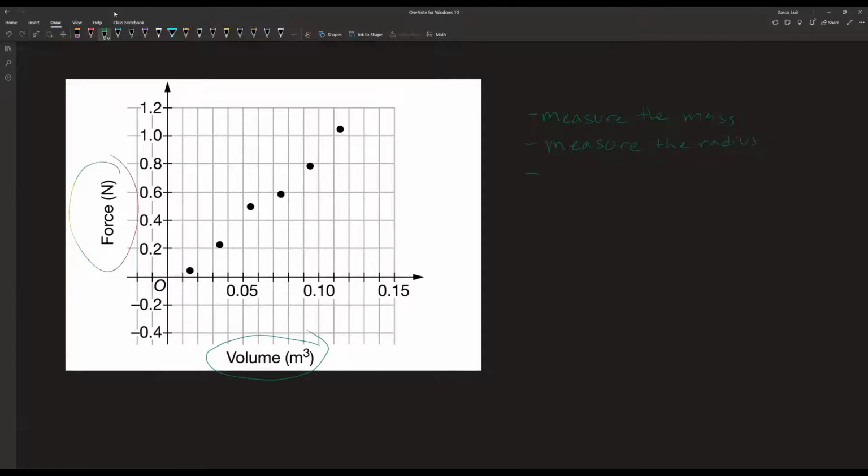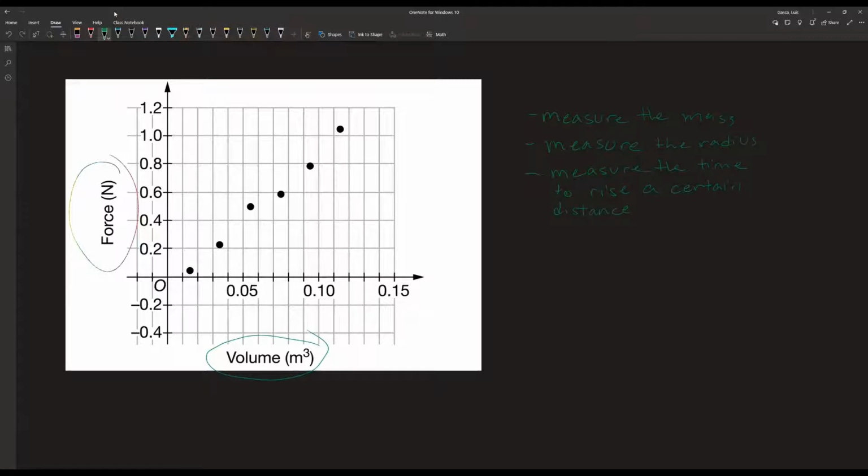We have a stopwatch, so probably measure the time to rise a certain distance. And I should be sharing on the OneNote here, right? Measure the time to rise a certain distance.